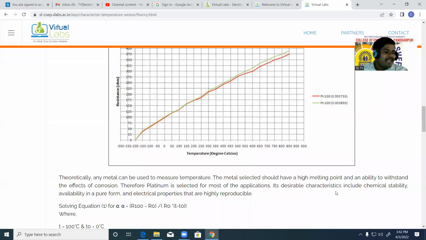Therefore, platinum is selected for most applications. Its desirable characteristics include chemical stability, availability in the purest form, and highly reproducible electrical properties. So it can also be used in chemical places.